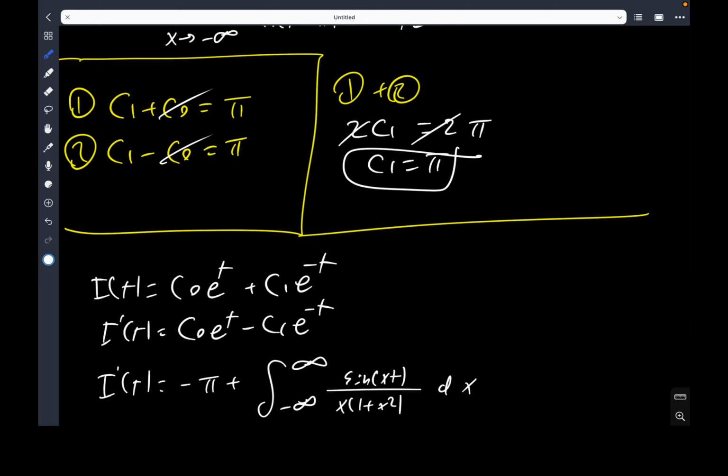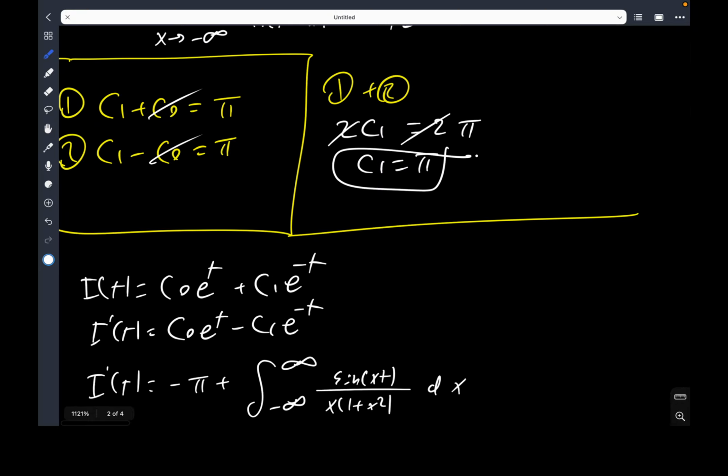If I plug it into equation 2, pi minus c0 equals pi. These two are going to go away, and I can say that c0 equals 0.